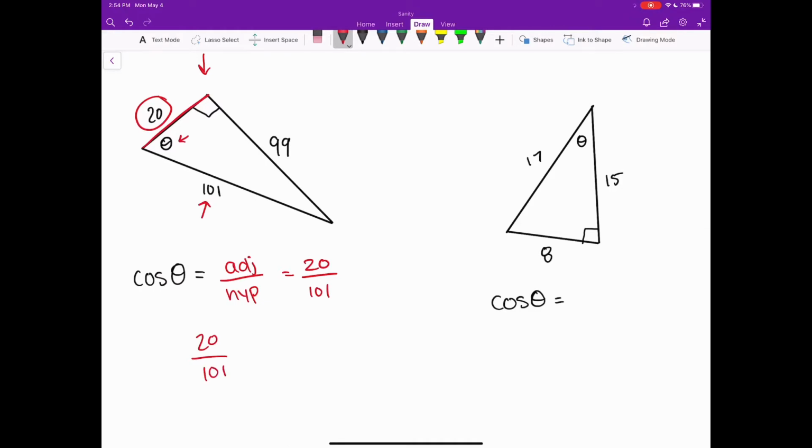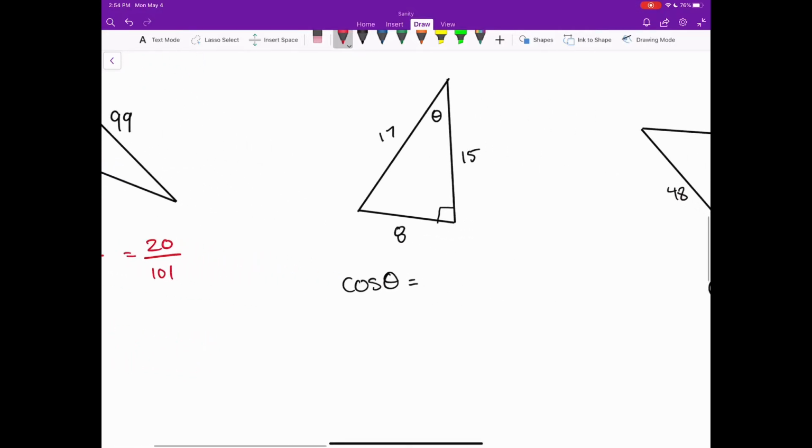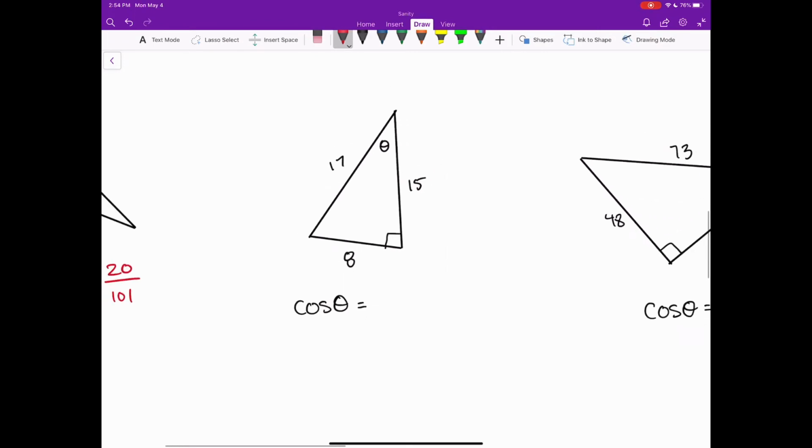You could even plug that into your calculator and see what decimal it gets. I'm just going to leave it here in fraction form, which is pretty simple. Okay. Cosine of theta in this triangle. Again, cosine of an angle is adjacent over hypotenuse. My adjacent side, the side that makes up this reference angle that is not the hypotenuse, has to be my 15. 15 over my hypotenuse.